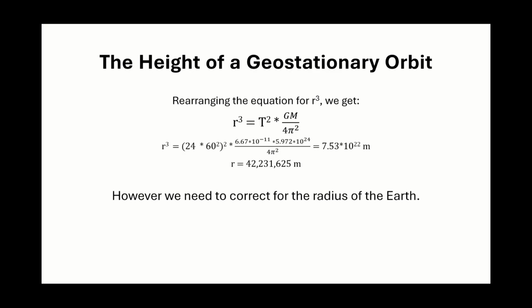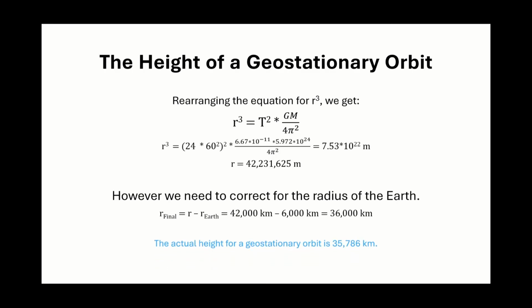However, this is calculating from the center of the Earth. We need to correct for this. So 42,000 kilometers minus 6,000 kilometers, we get an orbit height of around 36,000 kilometers. And this is close to the actual height, which is only 300 kilometers below our calculated value.